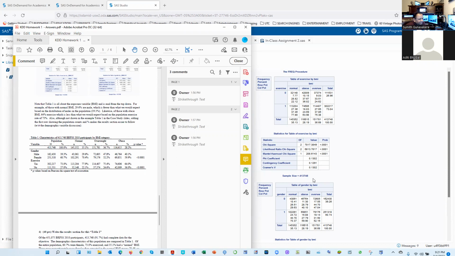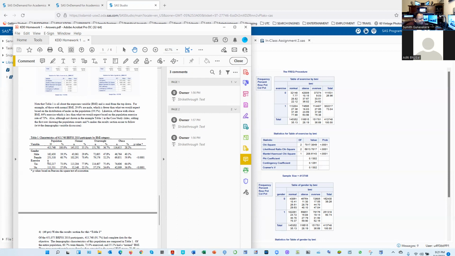And for the female, we do the same thing. See, 100,291, 69,851 for that obese. The other one, 79,176, 72,605. This number comes here for the overweight.